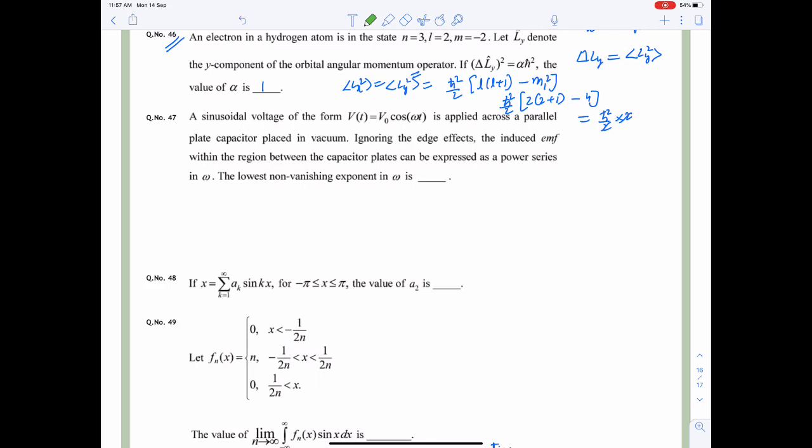So for this we have to calculate first the EMF. Before EMF, I'll tell you the concept.